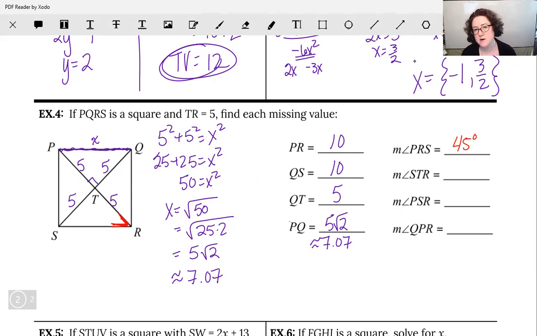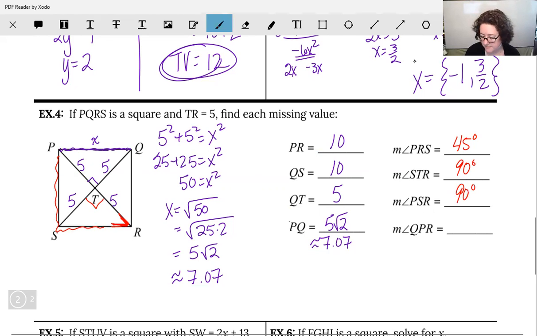Angle STR. Well, T is right at the center where the diagonals meet. And if the diagonals are perpendicular, then that angle will be 90 degrees. How about angle PSR? Again, follow it through. P to S to R. Corner angle, 90 degrees.